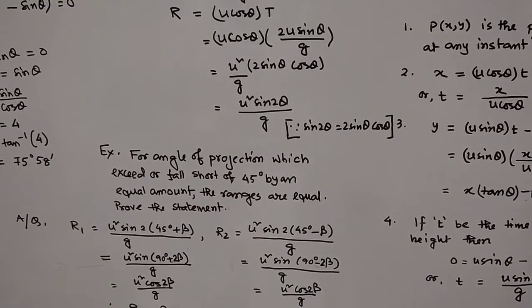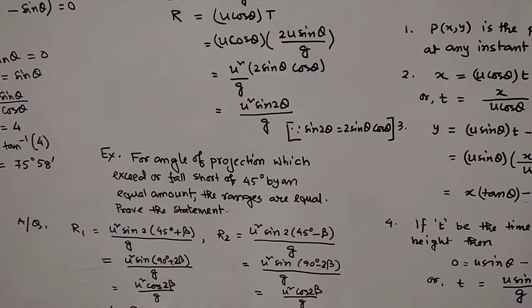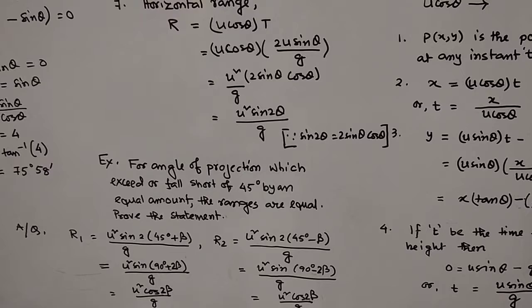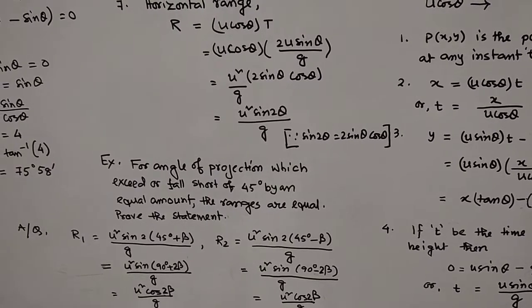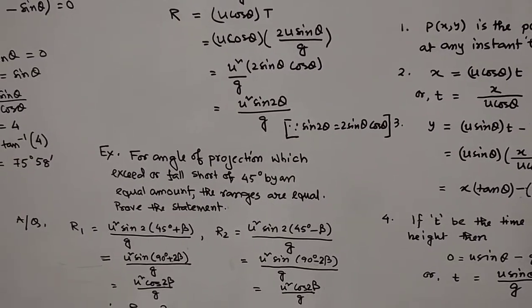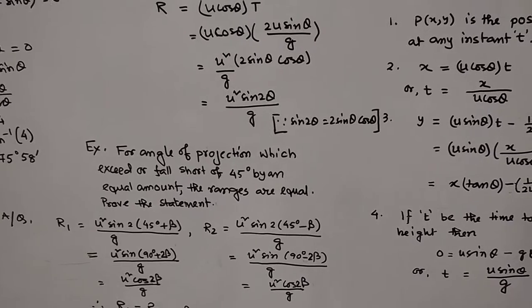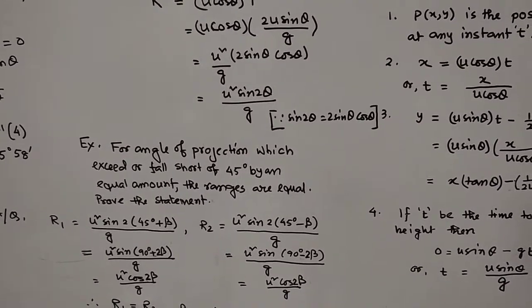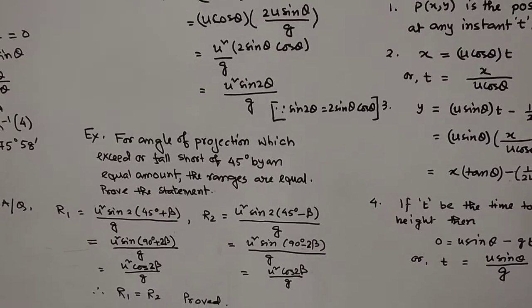So it may be 45 degree plus beta or 45 degree minus beta. From 45 degree, it is more or less by an equal amount, and the ranges are equal.